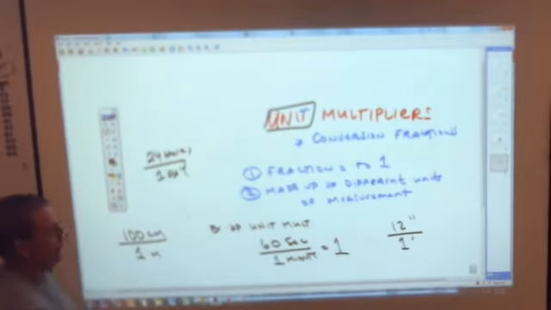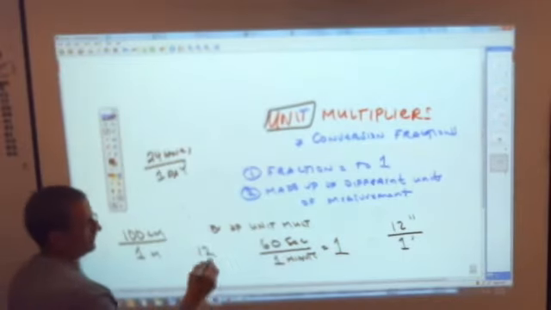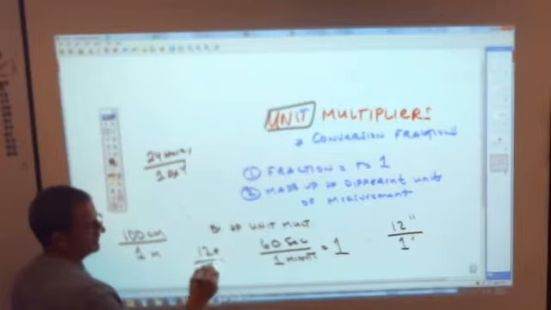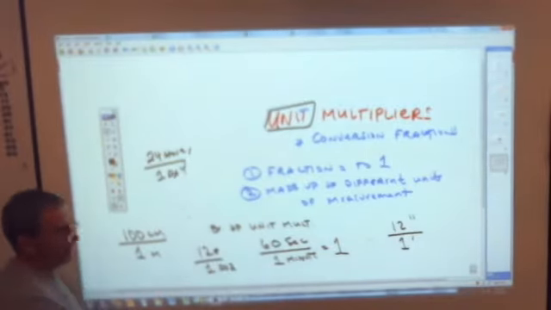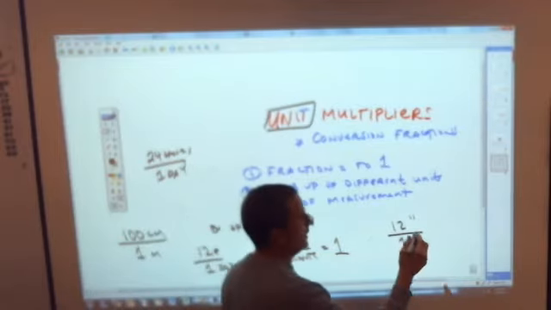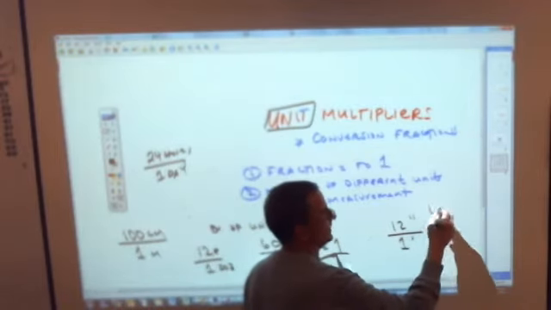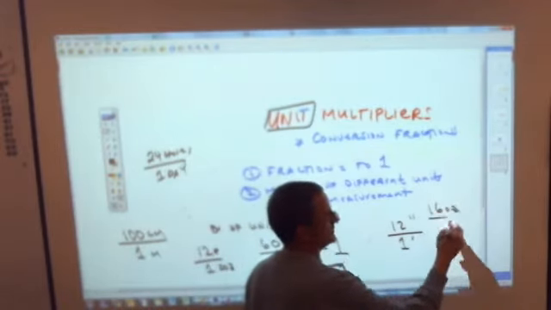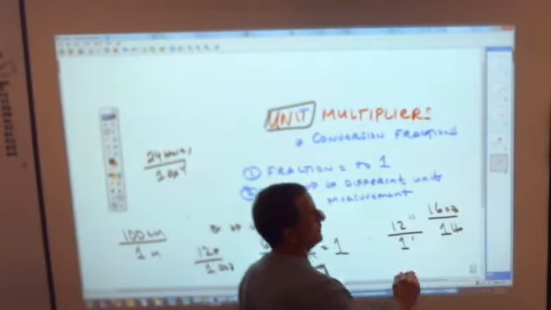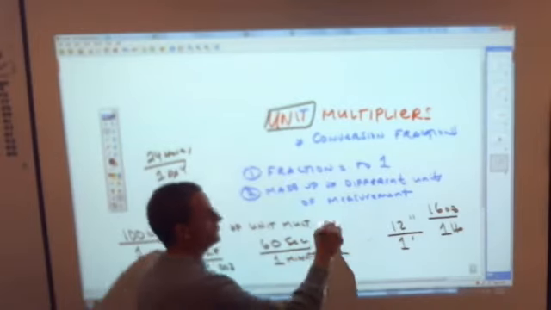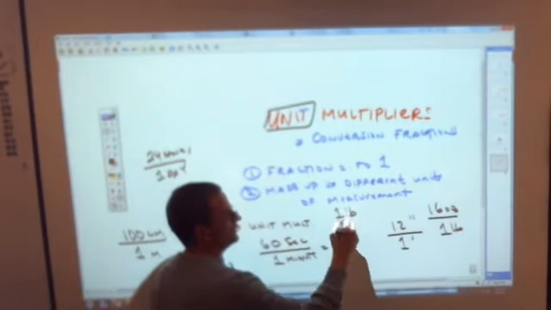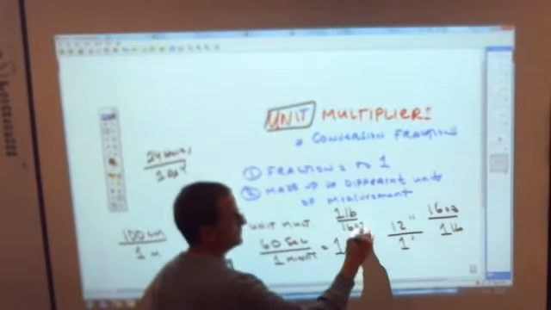You could say 12 whatever is the same as 1 dozen. You could say 16 ounces is the same as 1 pound. And by the way, the flip of these are also true. You could always flip these over and say 1 pound is the same as 16 ounces.